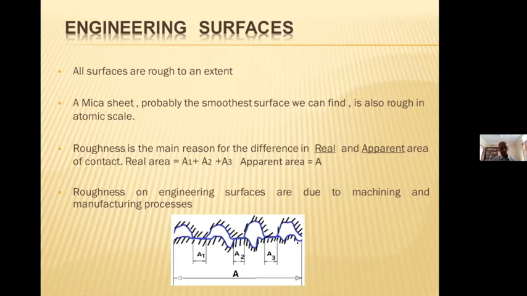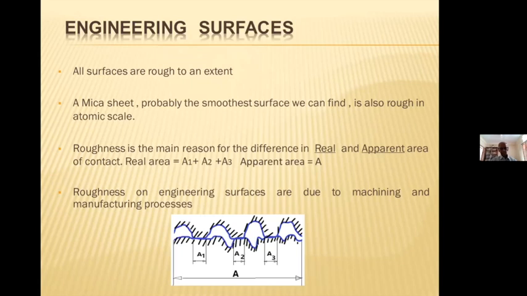One of the easiest examples that a teacher has in his classroom is a duster and a table. So if we put the duster on the wooden side on the table, then we see a contact between the duster and the table. And if the duster is 10 centimeter by 4 centimeter, we say that the contact area is 40 centimeters square.